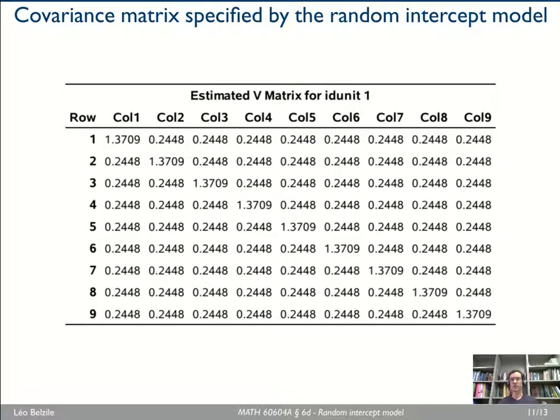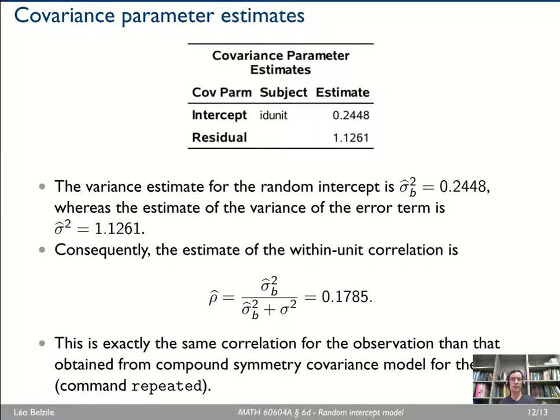And here is the matrix, and if it sounds familiar, it's because it's exactly the same coefficient estimates as we had before. 0.24 for the... sorry, no, 0.24, which is the covariance. That's the variability of the random intercept.